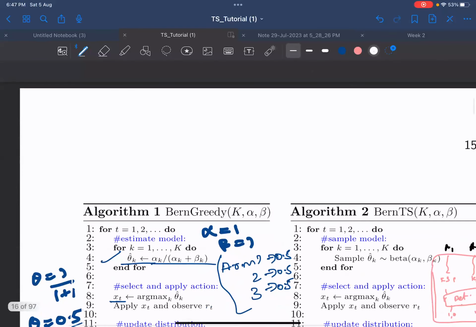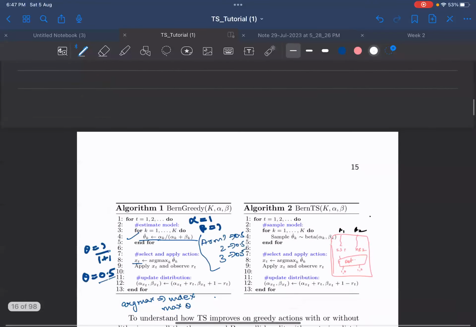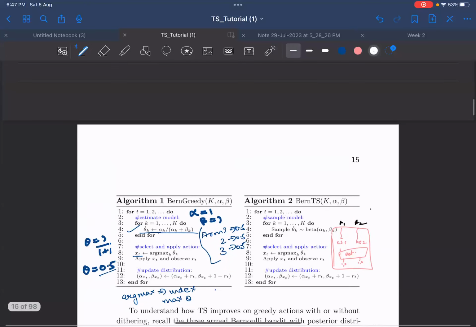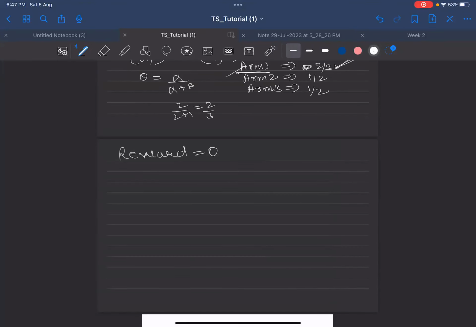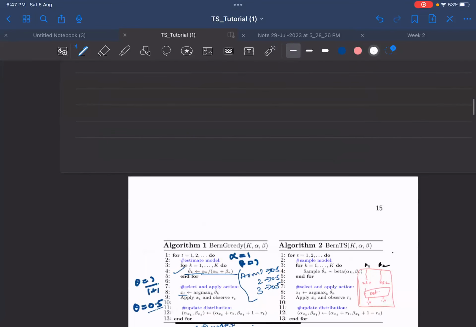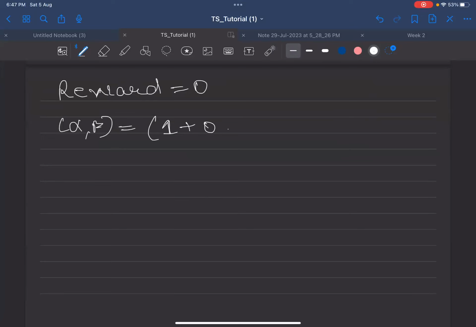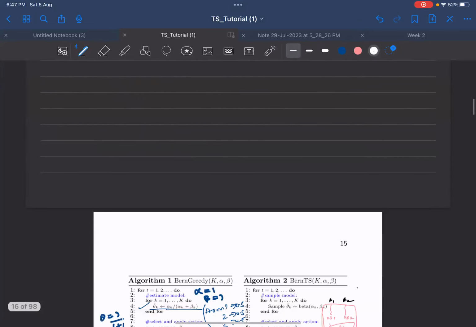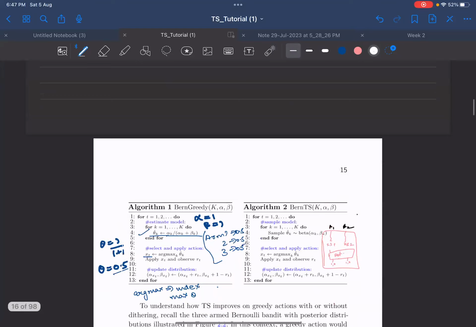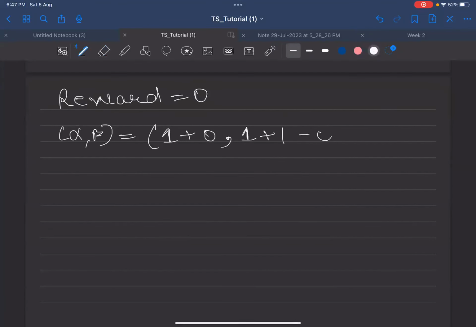Okay, let's try. Now you are saying, let us say we get the reward 0. So now let us update this. Alpha is equal to 1, reward is 0. Beta is equal to 1 plus 1 minus 0.